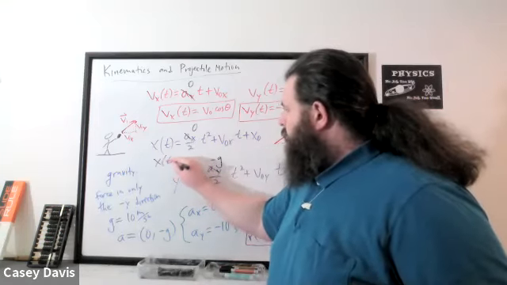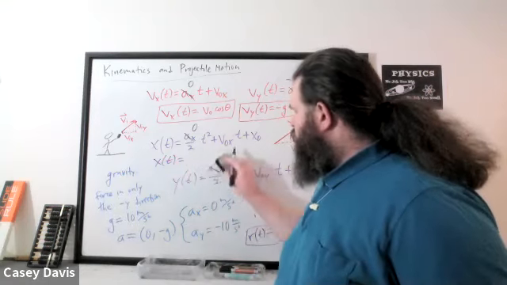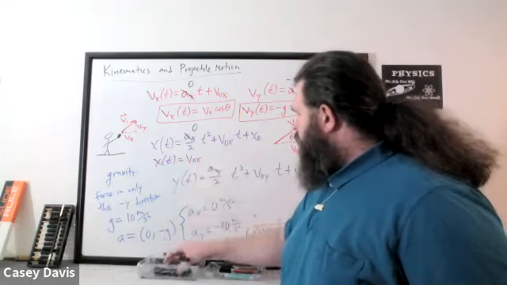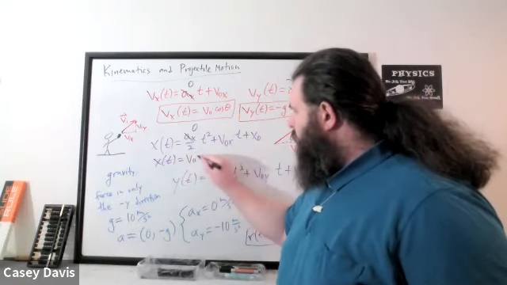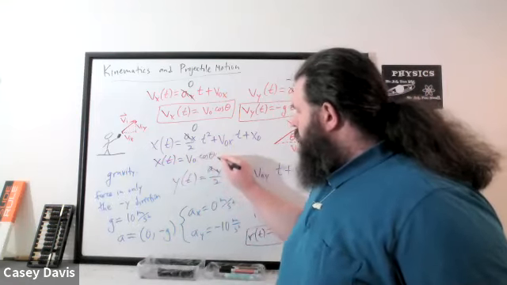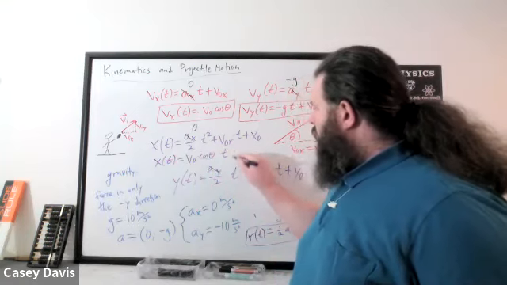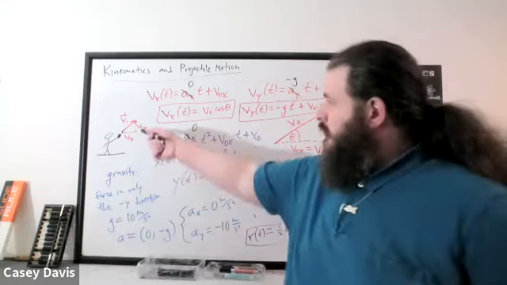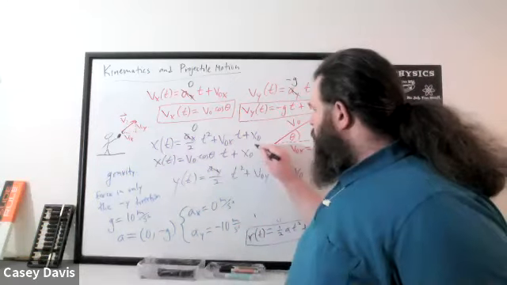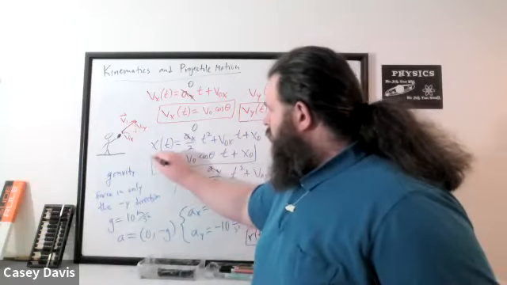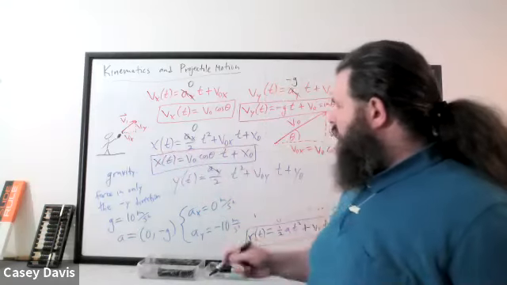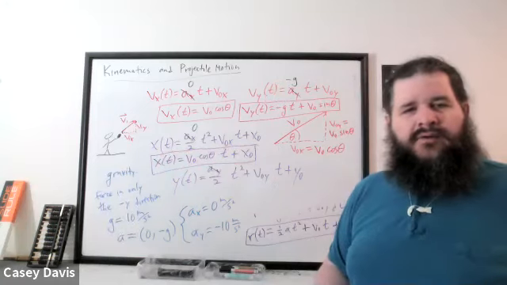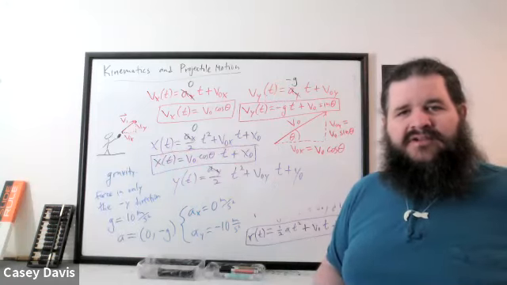So v0 times cosine theta times time, plus x naught, which is just the position that you start at, the position you throw the ball from. And note that this is a linear function. We just have a constant plus a constant times time.